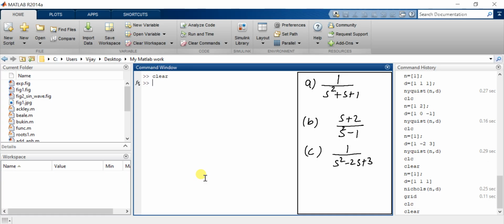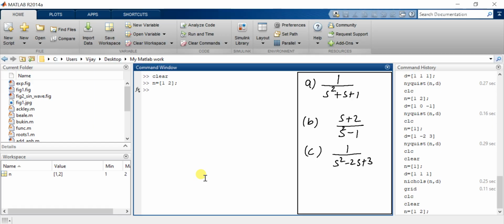Now let's try to code for the second one. Here we have n equal to 1 2 and d equal to 1 0 and -1.